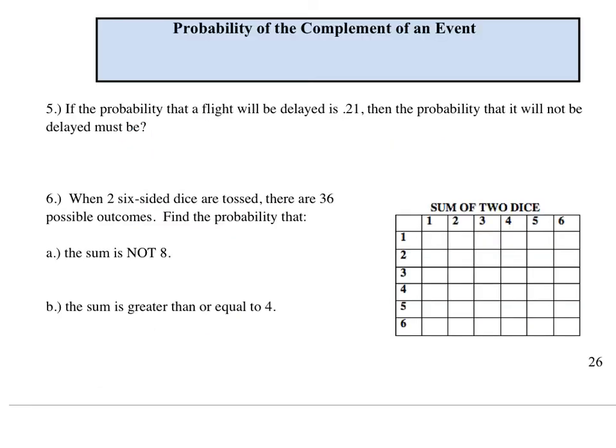Probability of the complement of an event. So sometimes it's easier to find the probability that something's not going to happen than the probability that it is. And that's what we're talking about here.